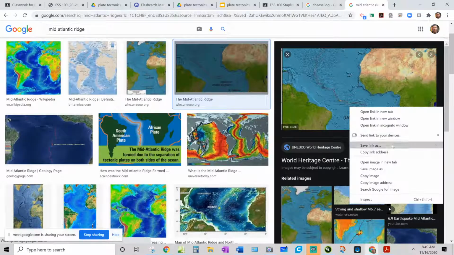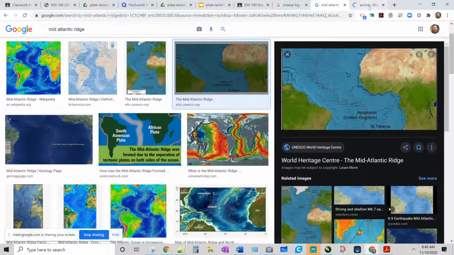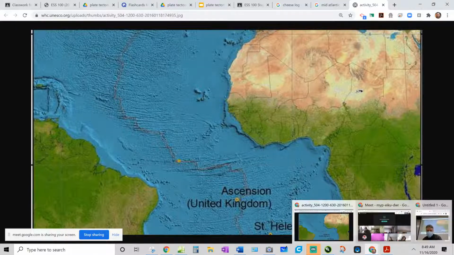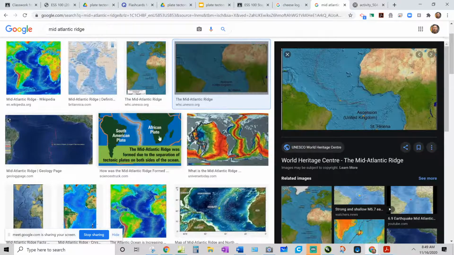This is pretty good. I like this one because it's not too spectacular. It's just this crack running right down the center of the Atlantic Ocean. And when people show pictures of the Mid-Atlantic Ridge, they usually show the exception to the rule, and the exception is Iceland.